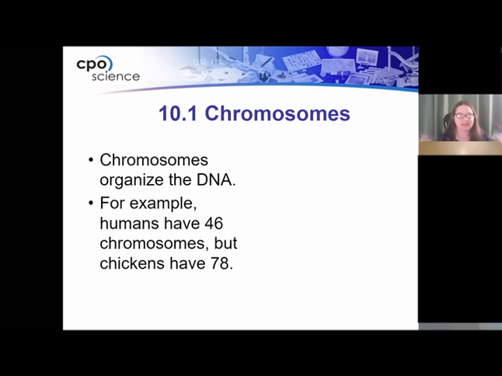Every single cell in your body, every single cell in my body, there's 46 of those strands of DNA. So I'm going to type that out, and you guys can also write it down.